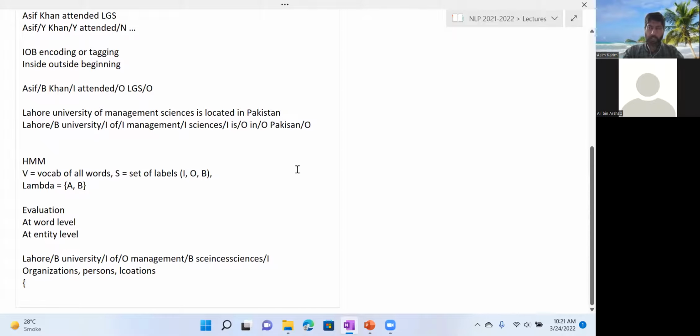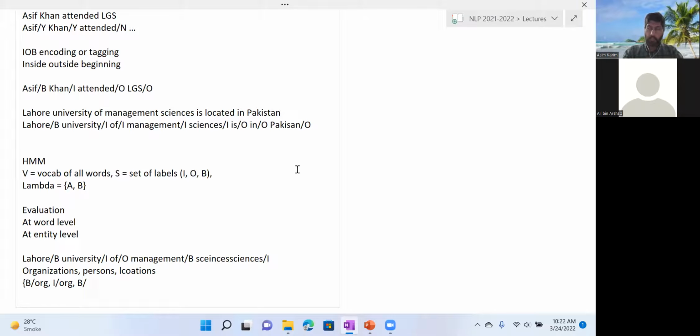The first two are for organizations. So you can say B/org, then I/org, then of course O would be O, so I would not write that. And then we have person.